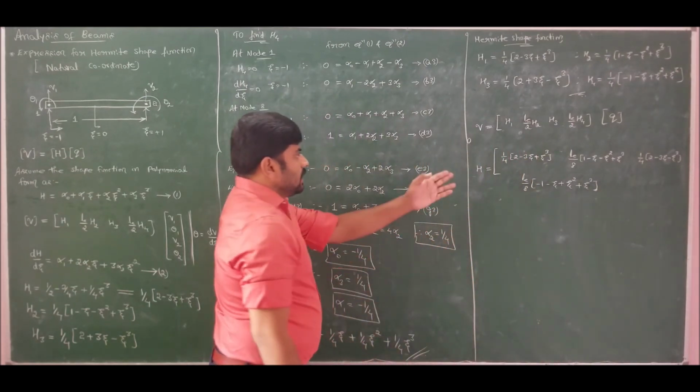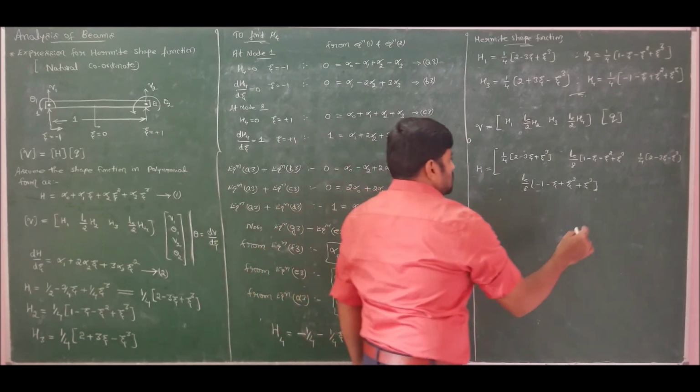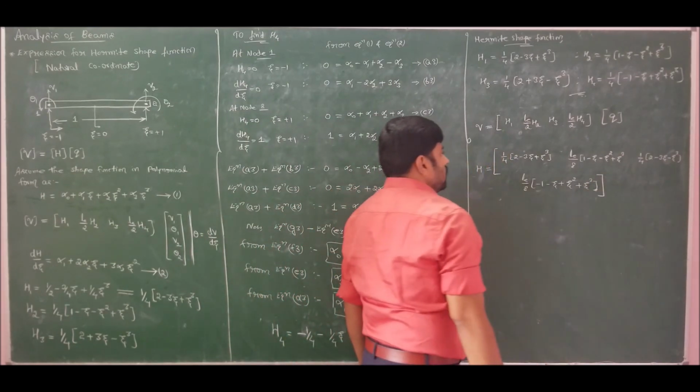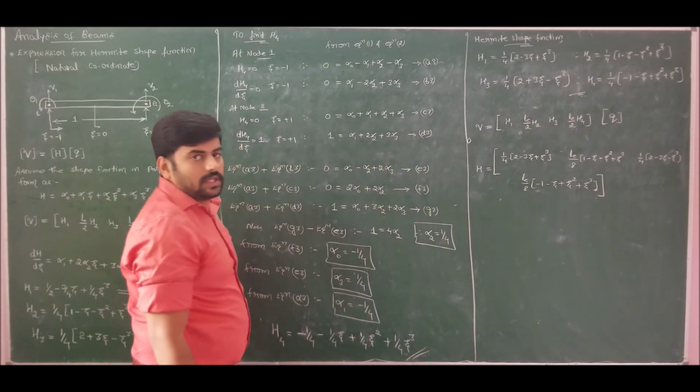So this multiplied with Q matrix gives us the global displacement matrix V.